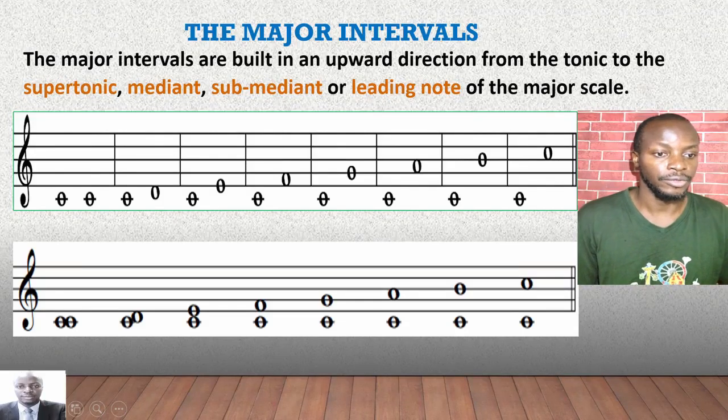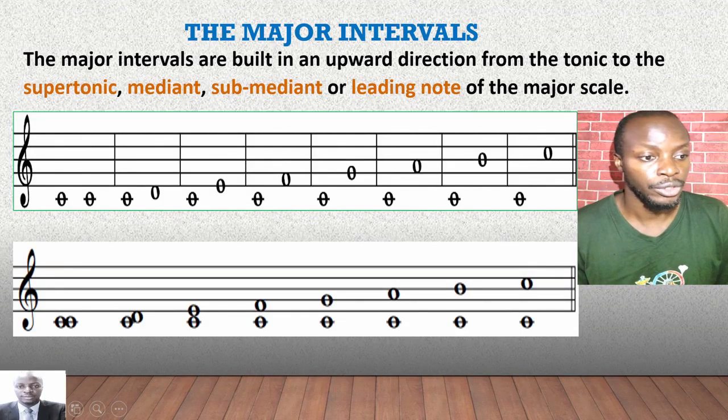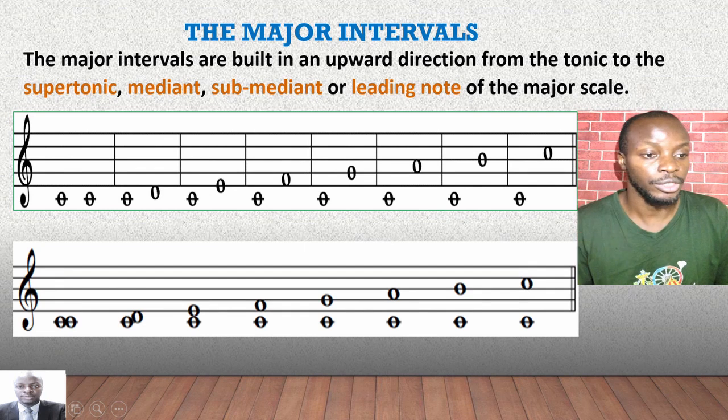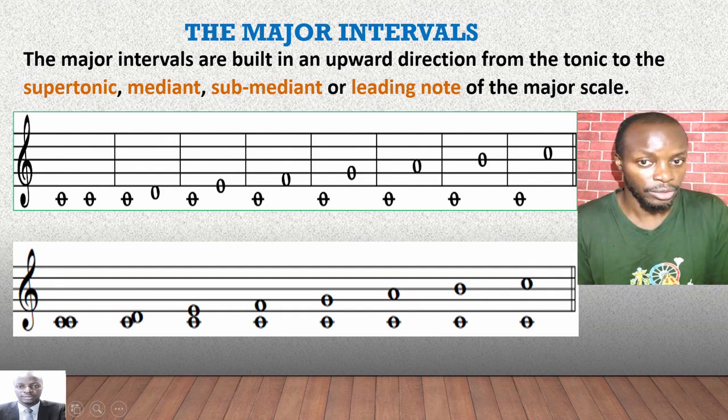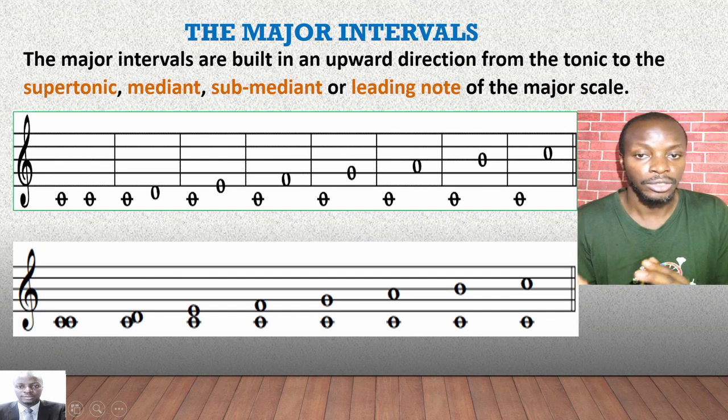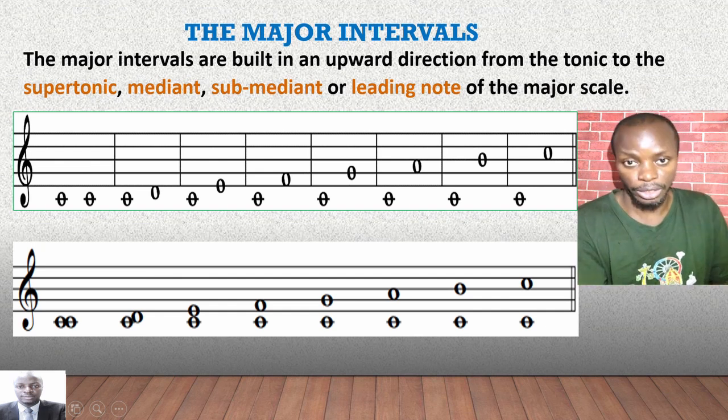Alright, the major intervals. The major intervals are built in an upward direction from the tonic to the supertonic, or from the tonic to the mediant, or from the tonic to the submediant, or from the tonic to the leading note of a major scale.